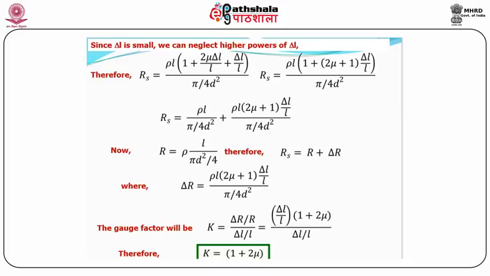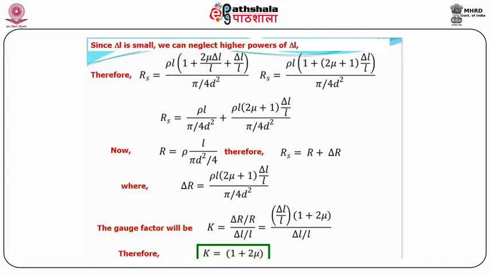This is equal to rho L multiplied by 1 plus 2 mu plus 1 multiplied by delta L by L divided by pi by 4 d square. So Rs will be equal to rho L by pi by 4 d square plus rho L multiplied by 2 mu plus 1 delta L by L divided by pi by 4 d square.